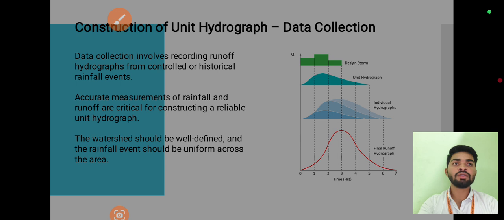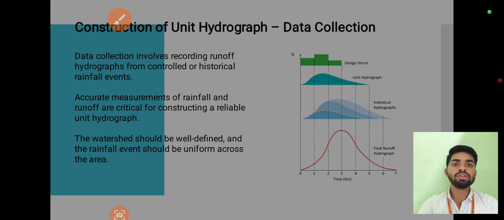Construction of unit hydrograph. Data collection. Data collection involves recording runoff hydrographs from controlled or historical rainfall events. Accurate measurement of rainfall and runoff are critical for constructing a reliable unit hydrograph.